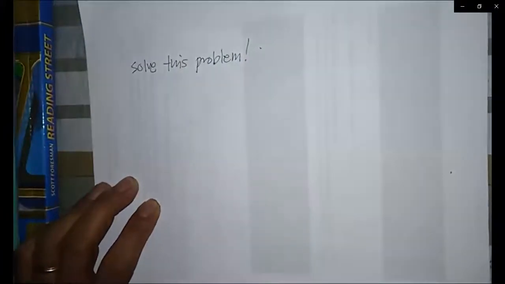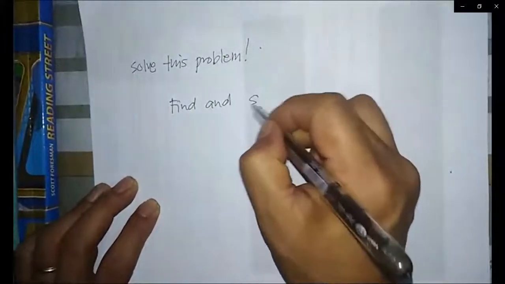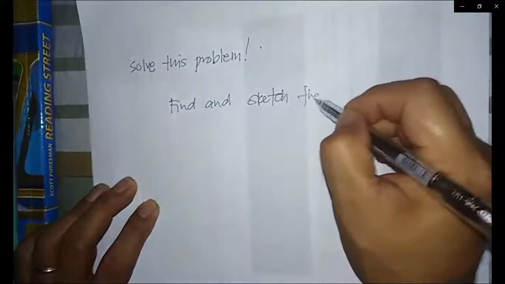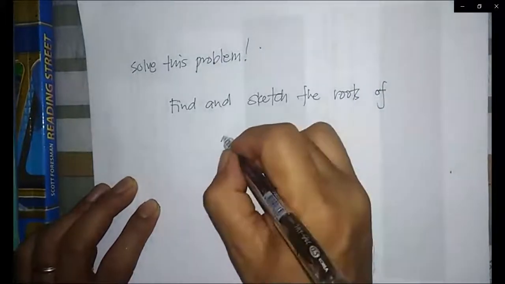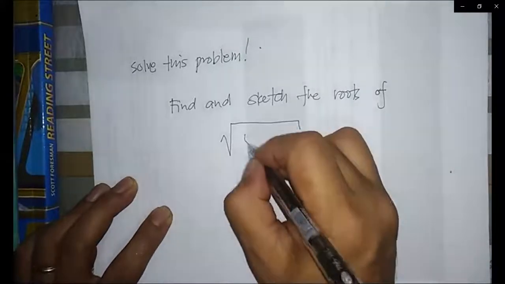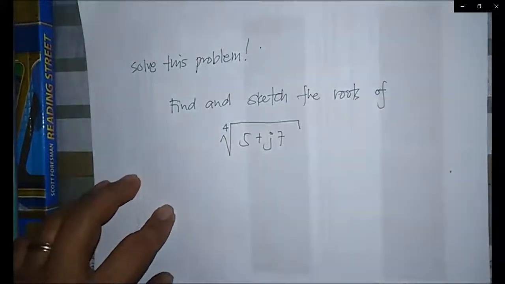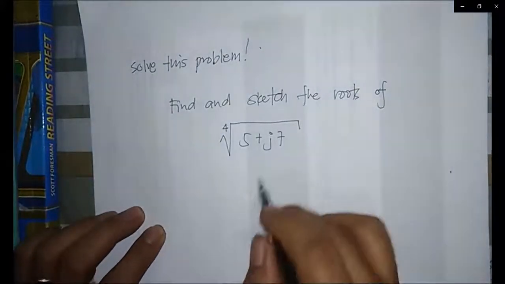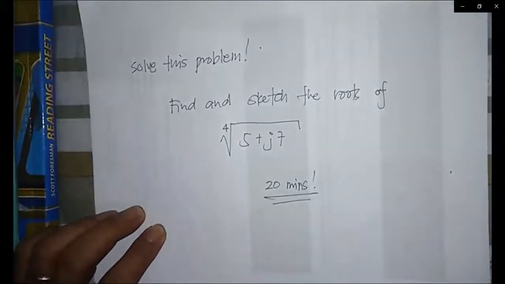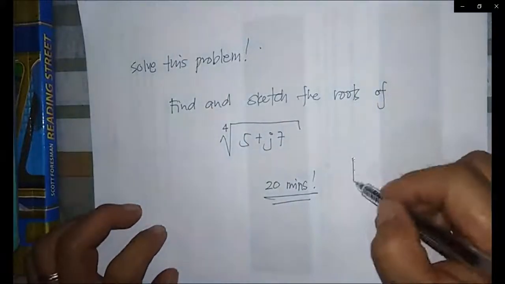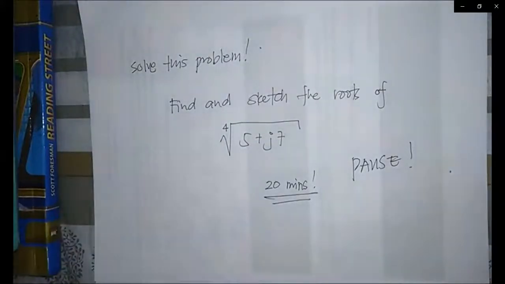We are going to find and sketch the roots of the fourth root of 5 plus j7. So you will be given 20 minutes only to solve this problem. Don't forget to pause your video. Pause this video for a while and then try to solve the problem.